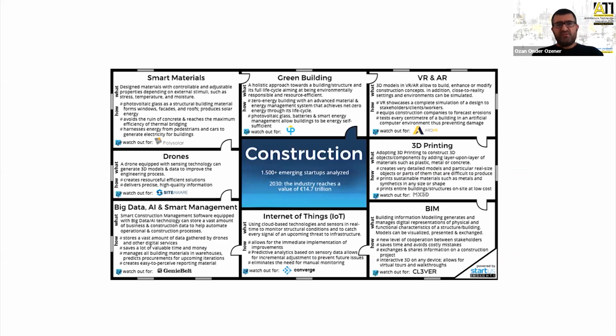But there are lots of new things out there, lots of new pieces of technology, and you can consider what's going on with them, like smart materials, green building approaches, sustainable buildings, and virtual reality, augmented reality, better use of drones, big data, artificial intelligence, smart management.